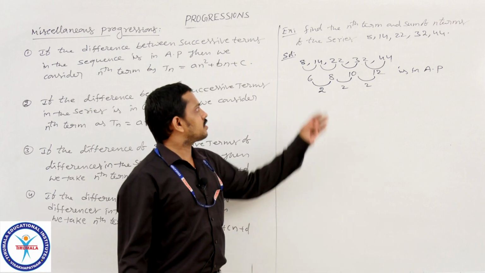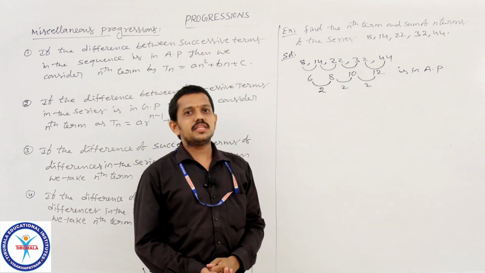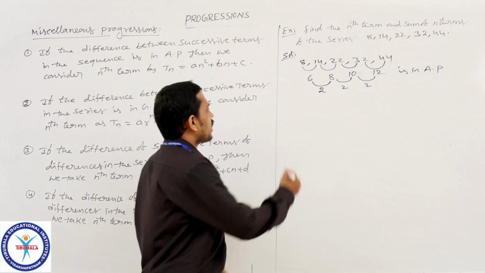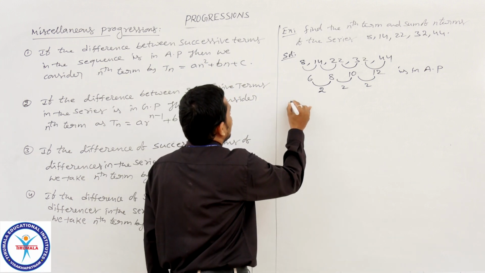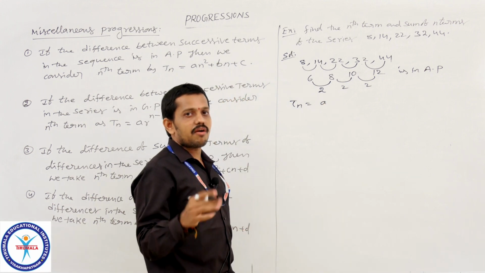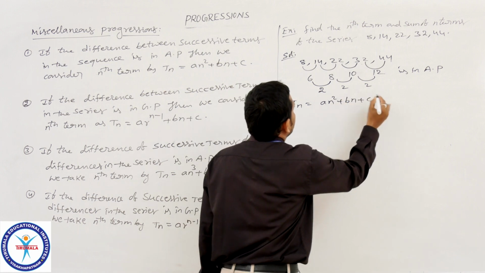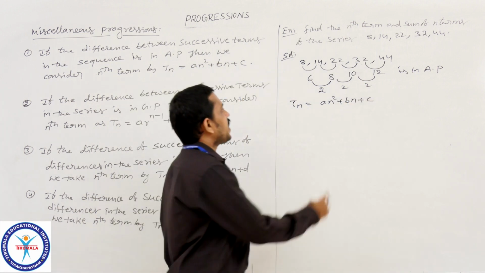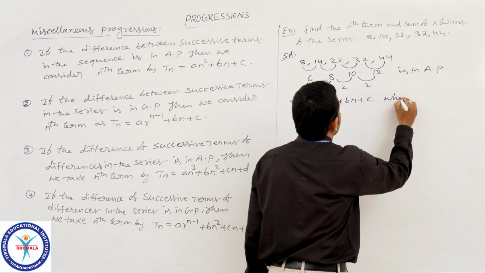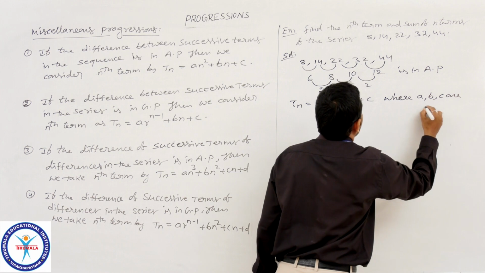If the differences of the terms of the sequence are in AP, then we can take the nth term Tn as a polynomial in n of degree 2: Tn = an² + bn + c, where a, b, c are constants.